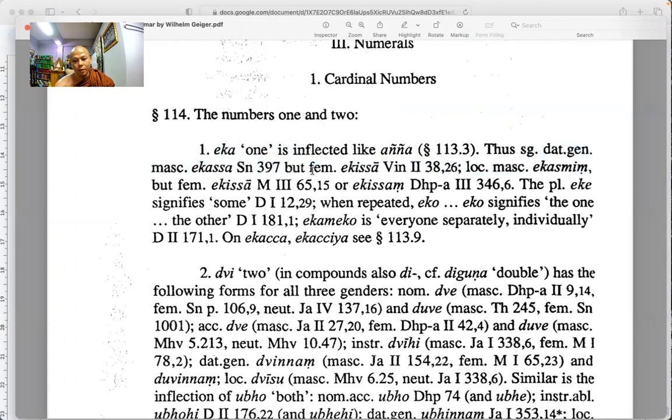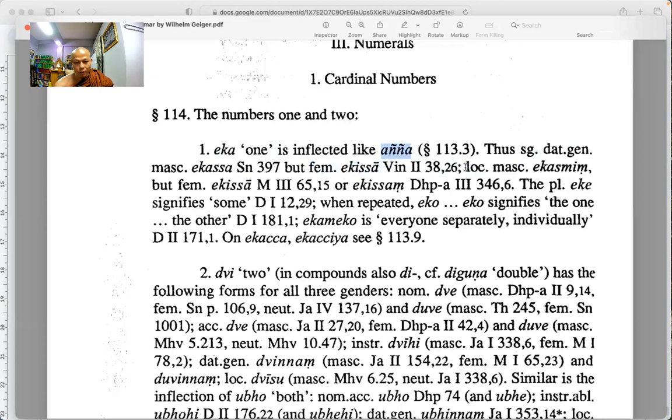But for feminine it is ekissa, not like yassa, exactly the same as sabbissa. We don't use yissa. Instead of saying the same as ya, saying the same as sabba is better to understand.